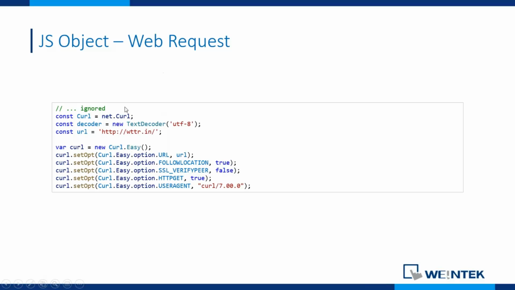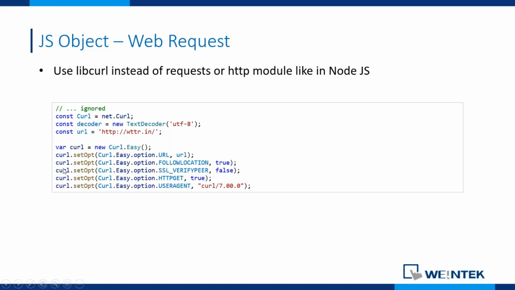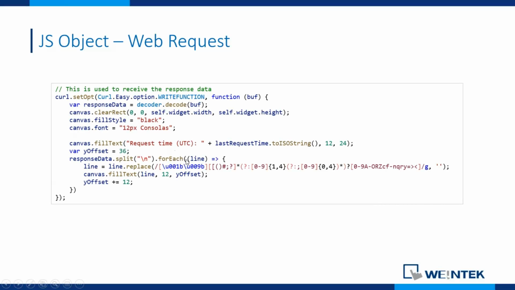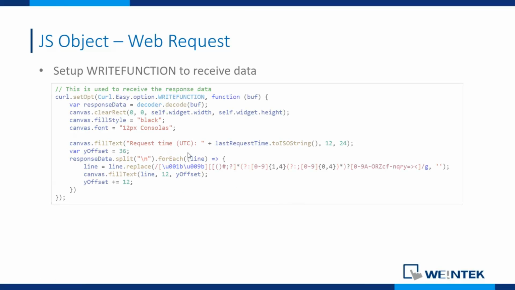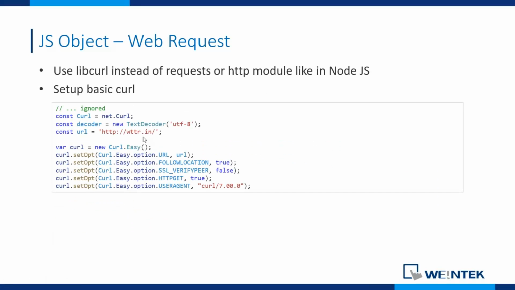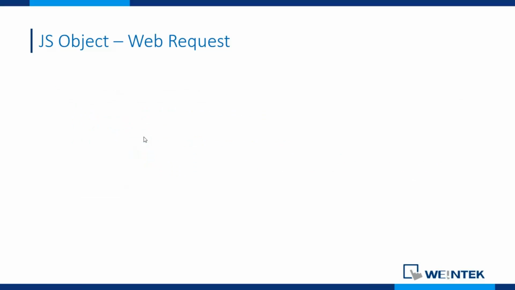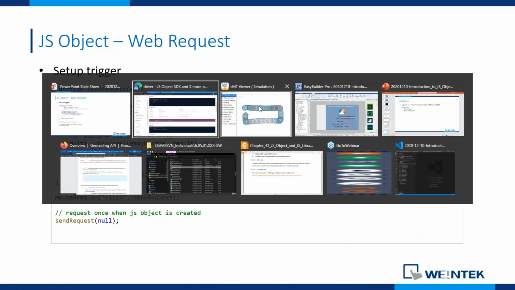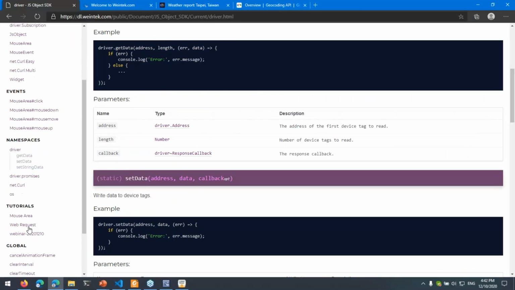Okay, so here is the hardest part, the web request. If you just want to retrieve a very simple web page, you have to do a lot of things for a very simple curl request. So that's the reason I just show you on the web page that right here in the web request.